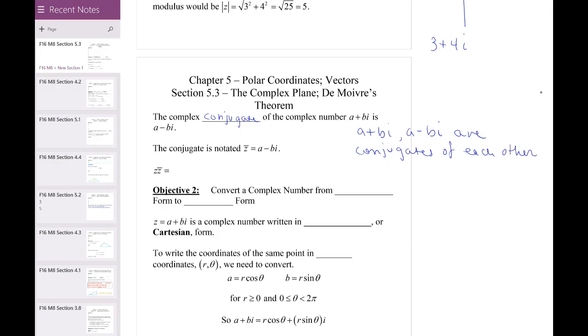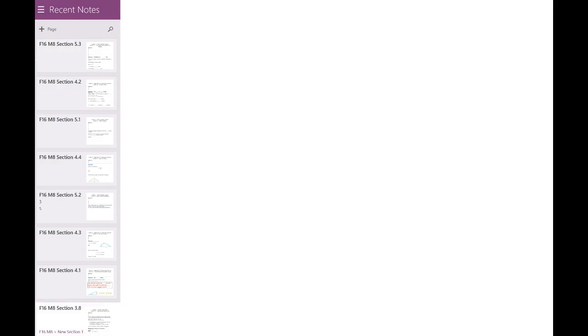And you actually know something else that works this way too? Reciprocals. If you say x and 1 over x, those are reciprocals of each other. You don't just say that one is the reciprocal of the other. It's a back and forth relationship where they're reciprocals of each other. So these are conjugates of each other.